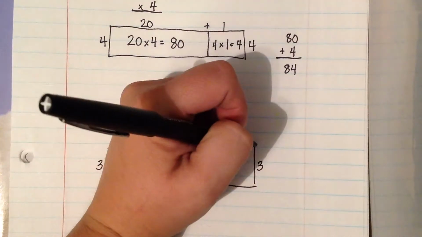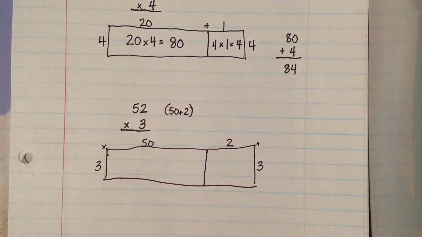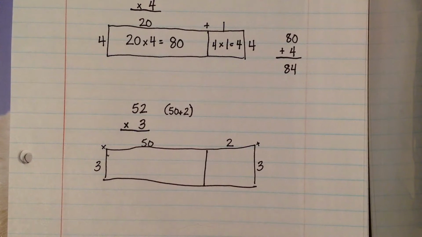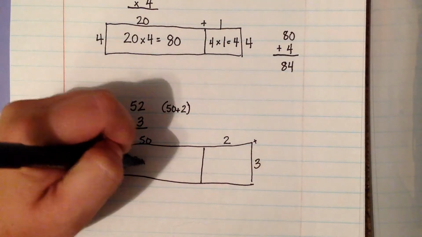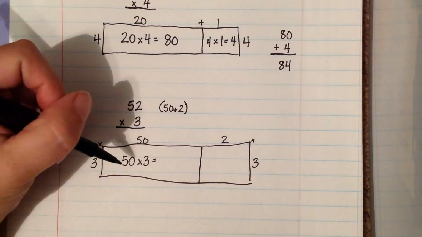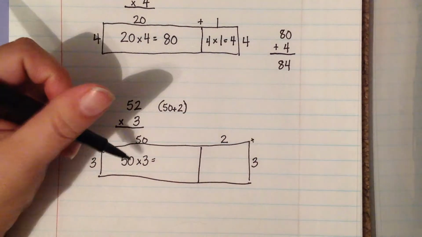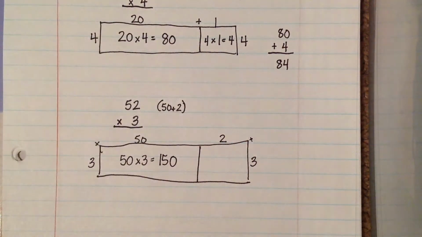So now I can imagine that there's a multiplication symbol in both corners. I'm going to write the equation that I'm going to multiply inside the box. 50 times 3 equals, well, I know 5 times 3, 5, 10, 15, and add in my place value with the 0.